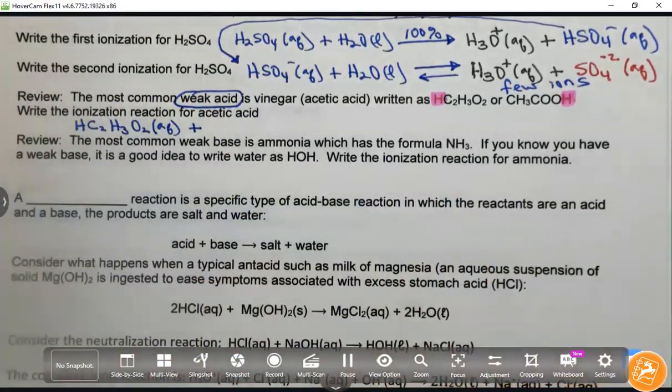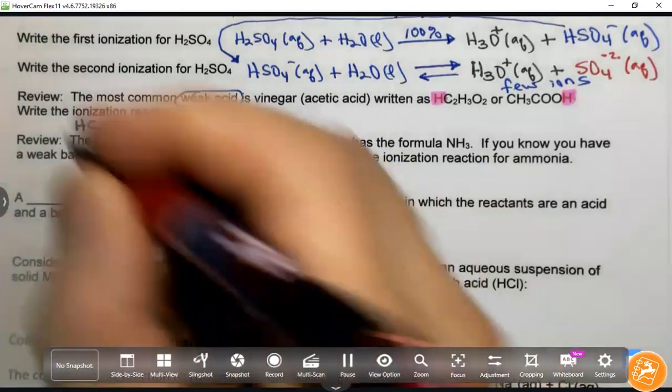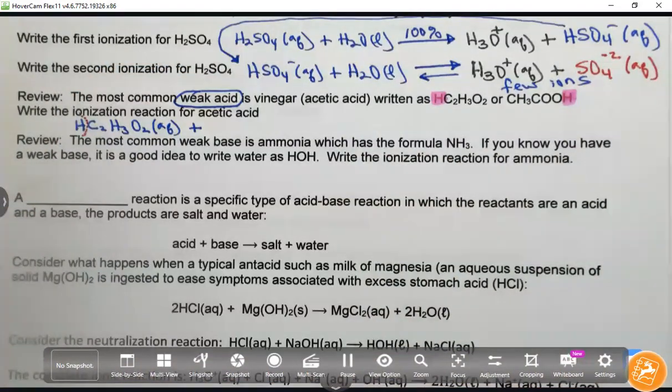Now, when we wrote formulas of acids, if I said write the formula for hydrogen acetate, same thing, acetic acid, hydrogen acetate. So a few of these hydrogens come off right here.